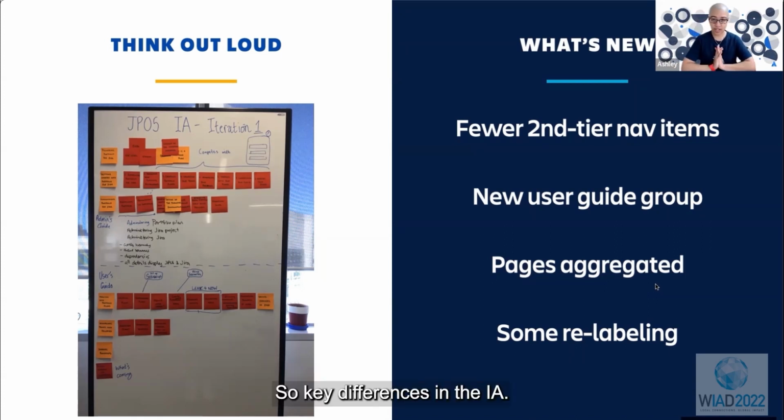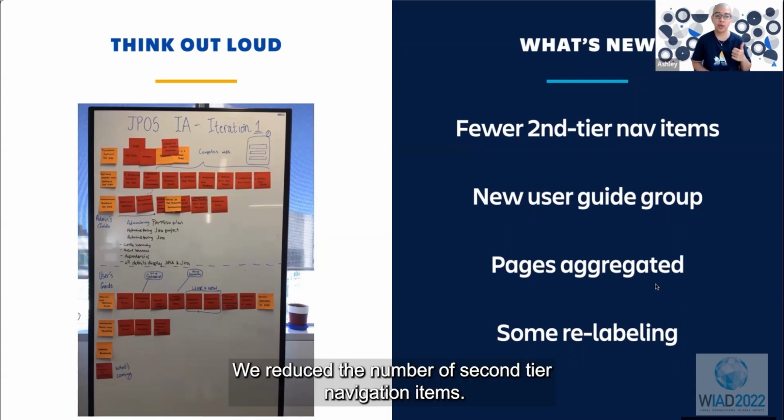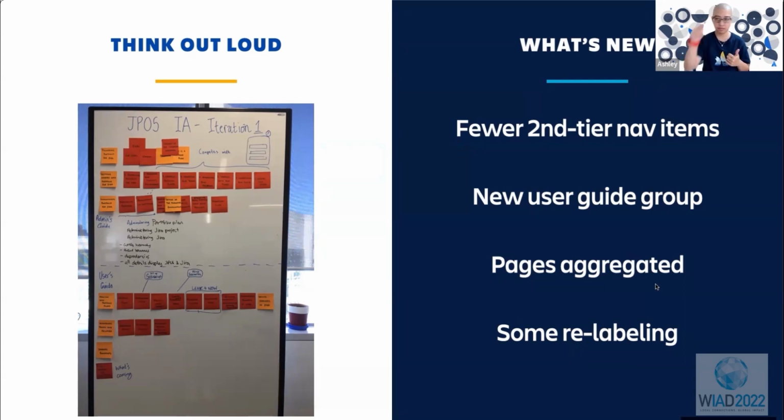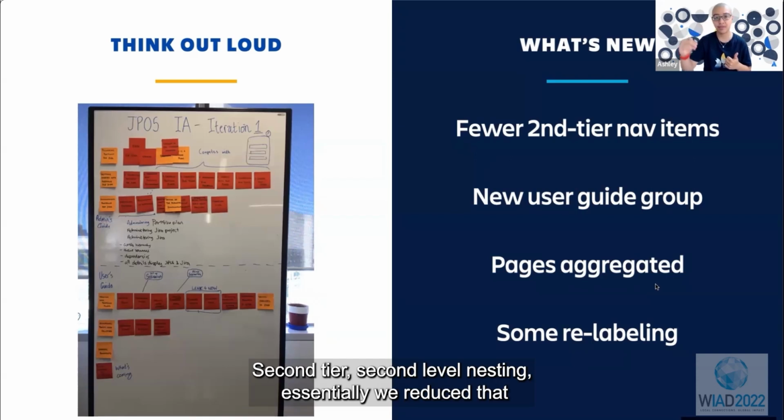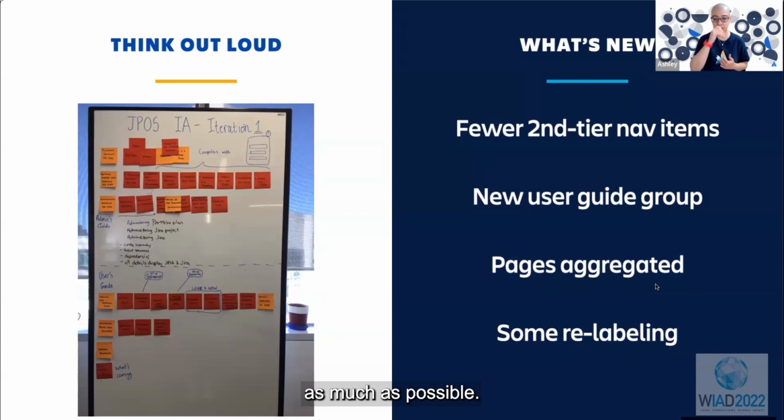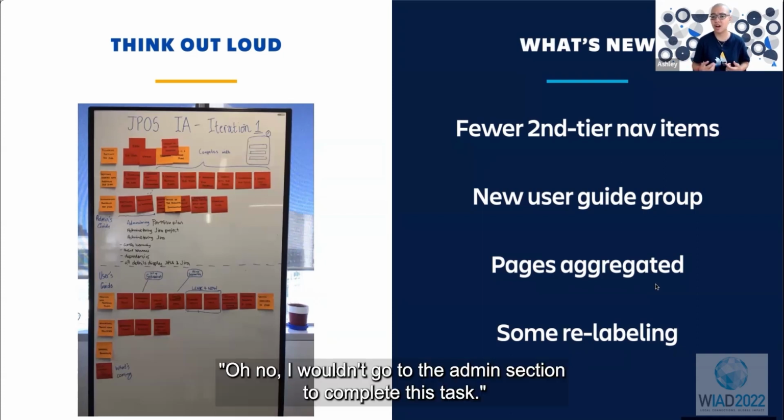So, key differences in the IA. We reduced the number of second tier navigation items, second level nesting, essentially. We reduced that as much as possible. We also introduced a new user guide group. That's because during the baseline testing, we actually heard users saying things like, oh no, I wouldn't go to the admin section to complete this task.